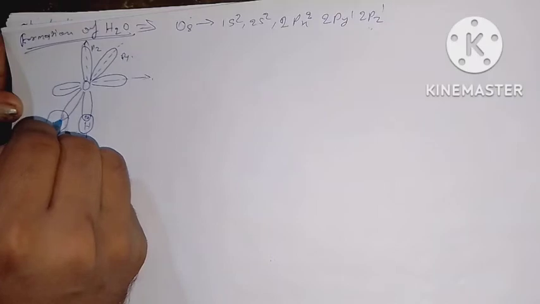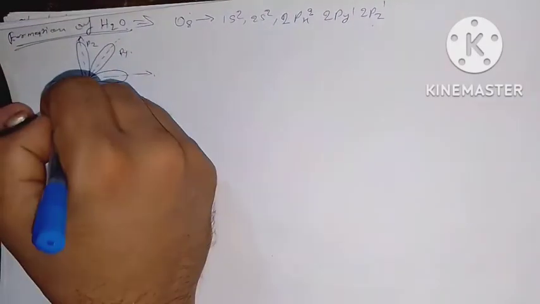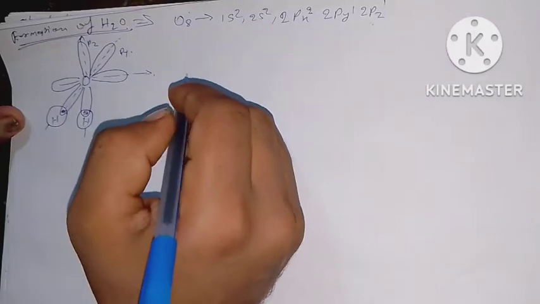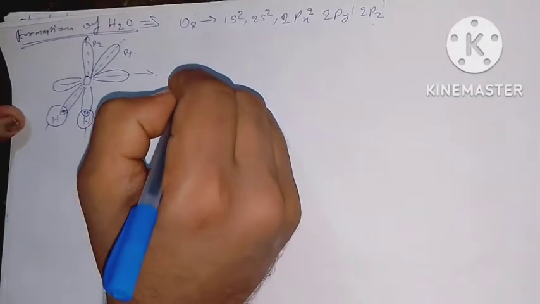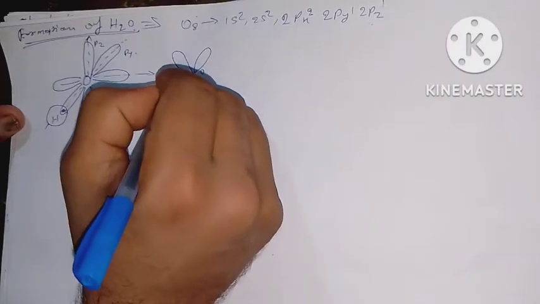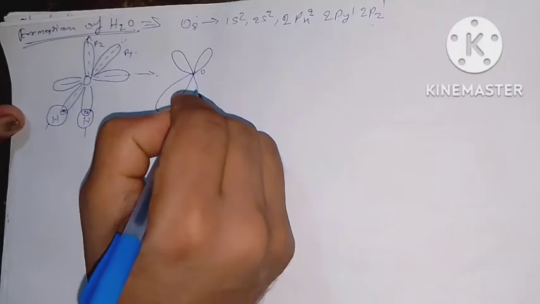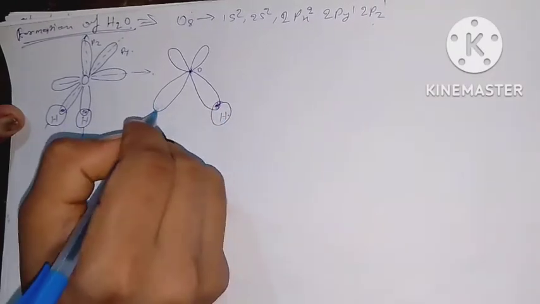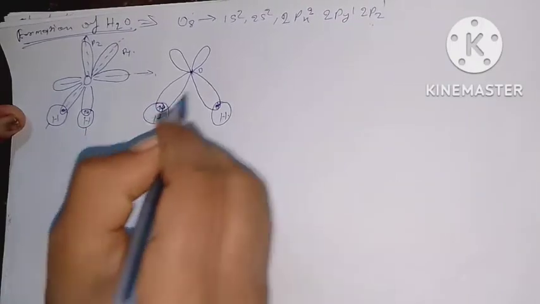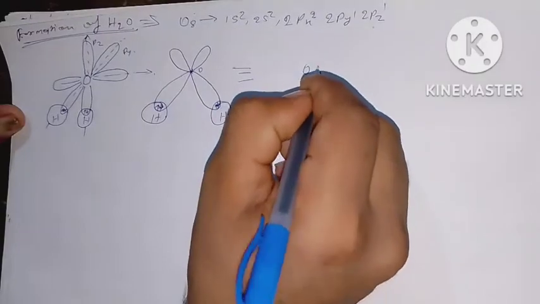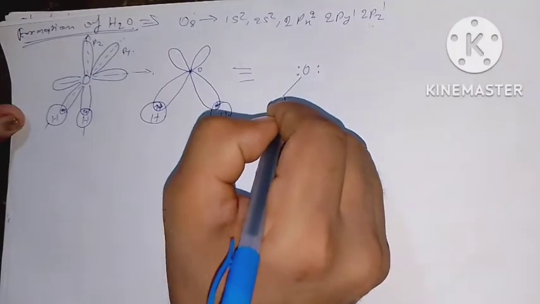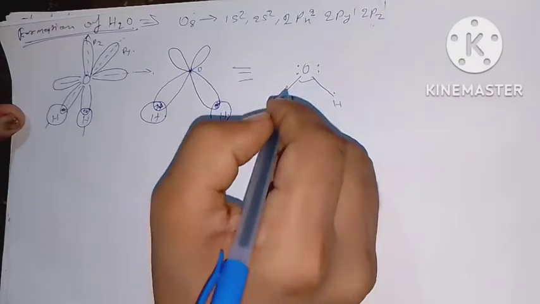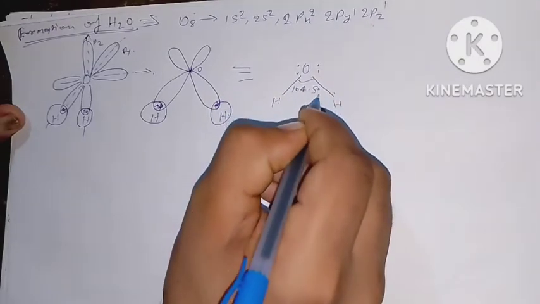This is oxygen with the hydrogen atoms, and the angle between the two bonds is 104.5 degrees.